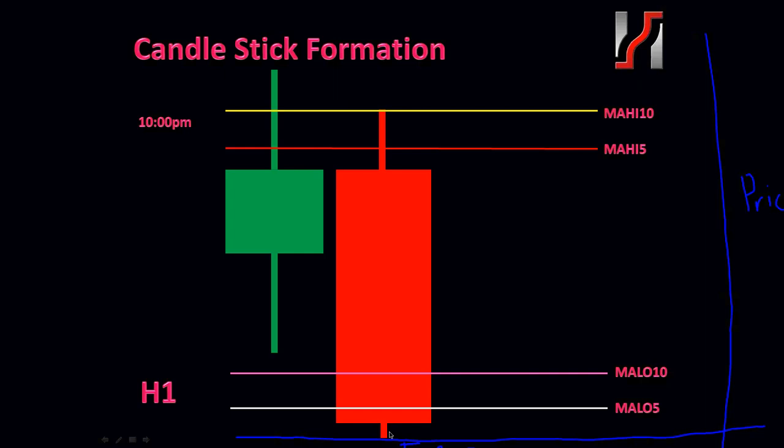So what we can see here is there are two points: this is a rejection, and this is a candle break, because this candle body breaks the moving average low. If the candle breaks the moving average low, which are buy indicators, then obviously this is a candlestick direction. It tells you that the price is going to keep going down.